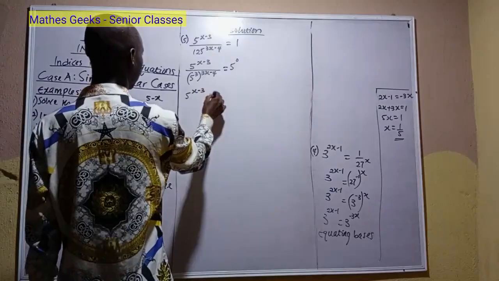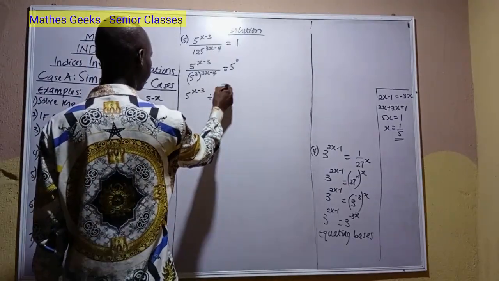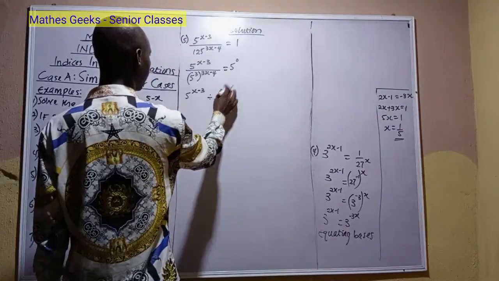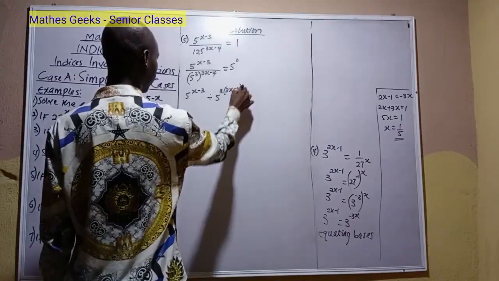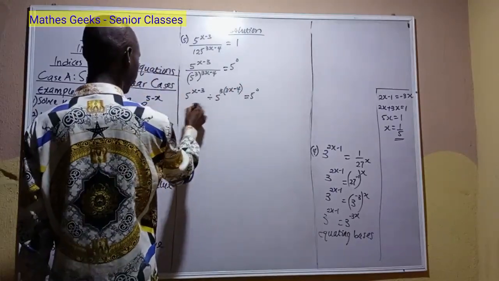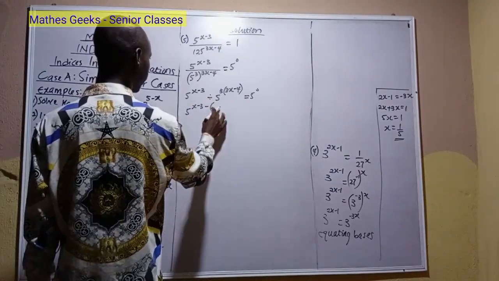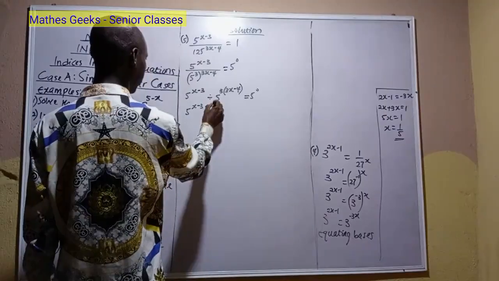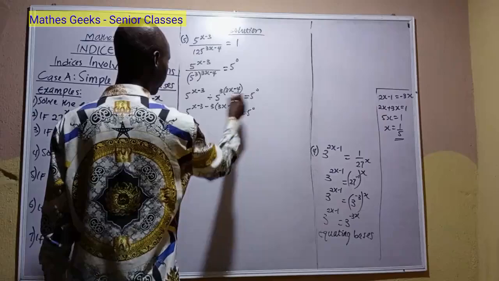minus 3 divided by 5 raised to 3 times 3x minus 4 equal to 5 raised to 0. So here on this side we're going to subtract: x minus 3 minus 3 times 3x minus 4 equals 0.